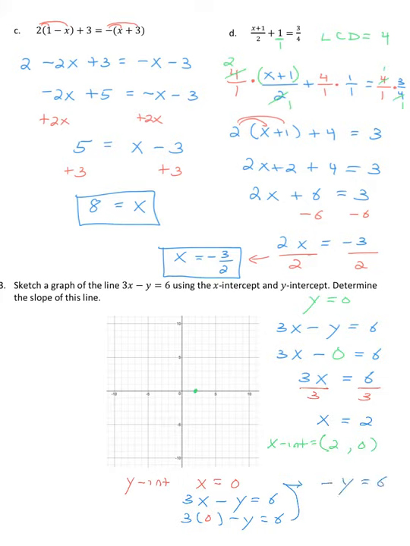And after dividing both sides by the negative 1 that's technically in front of the y, I get that y is equal to negative 6. This means my y-intercept is 0 for x and negative 6 for y, which is located right here.